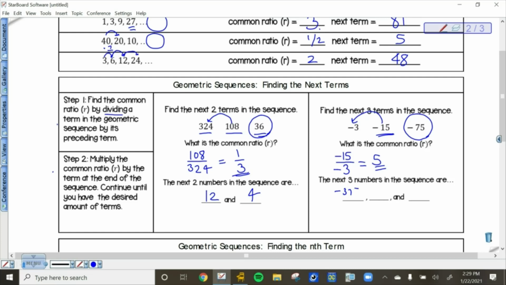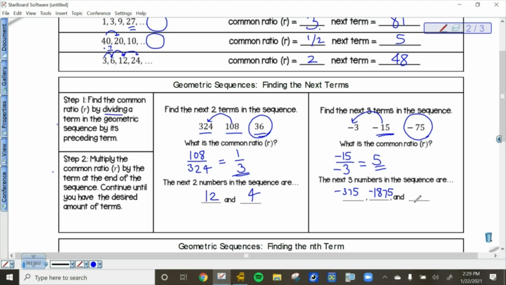Negative 375. And then what's going to be our next term? We multiply it by 5. So multiply negative 375 by 5. Negative 1,875. Yep, negative 1875.